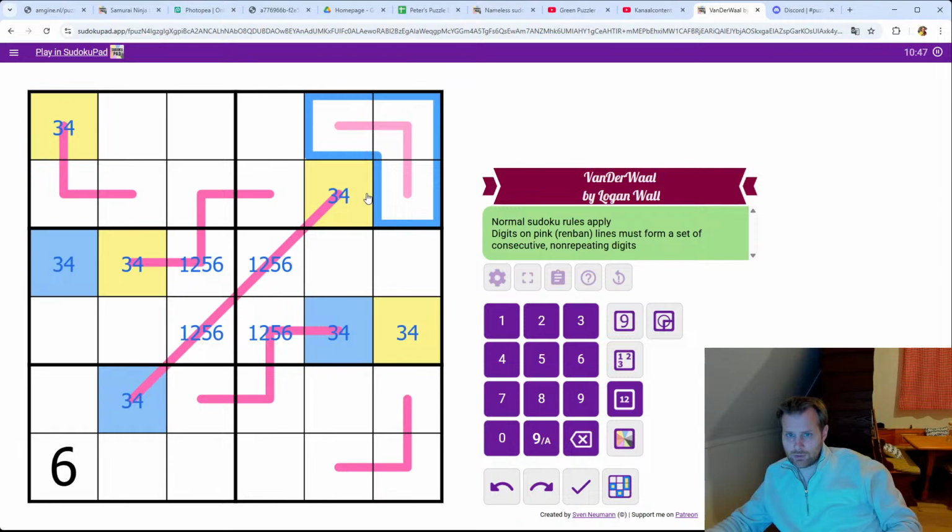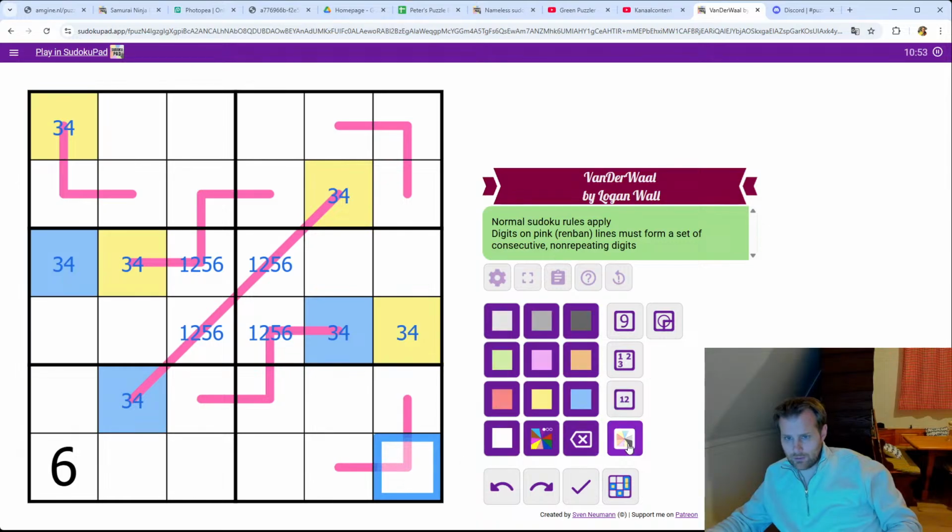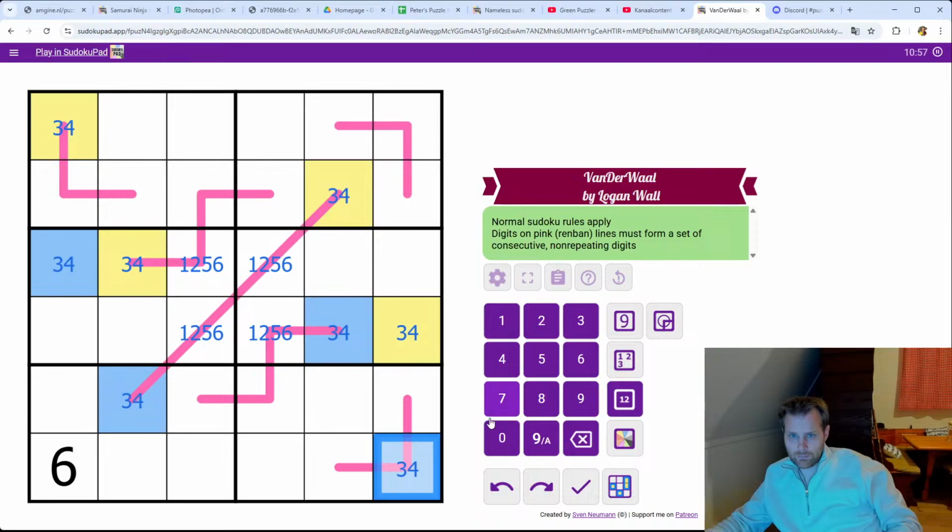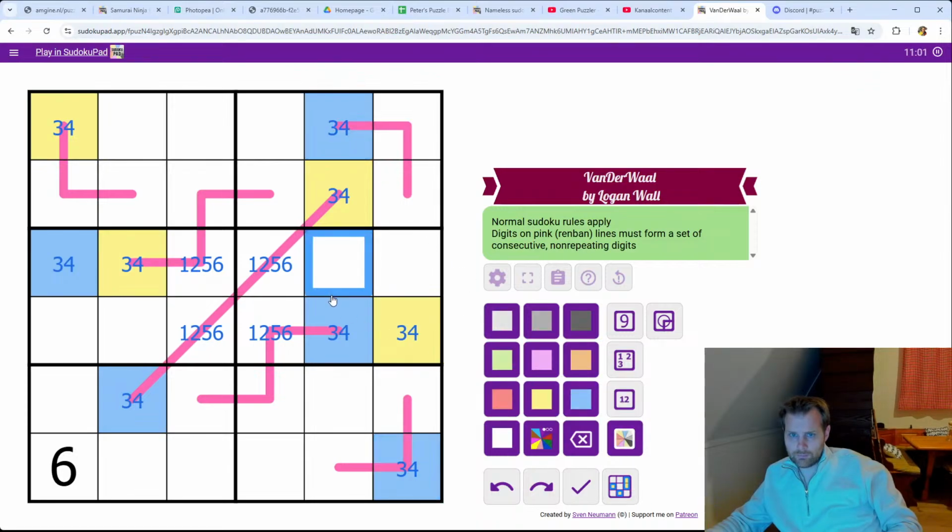Same for this one, this must have a blue on it. And this one must have a blue on it as well. And then the blue one here is up here. And then there's a yellow either here or here, and here or here.